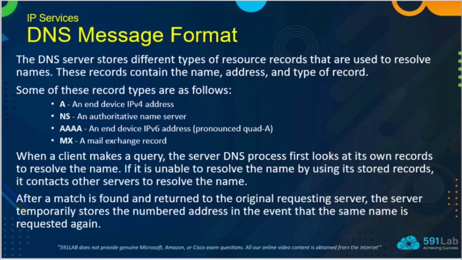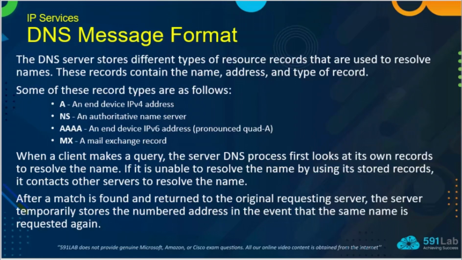So when a client makes a query, it is trying to resolve a name, because we cannot be memorizing IP addresses, so we are good with names. But our networks don't use those names, they use IP addresses. So whenever we put in a fully qualified domain name, the system will first do the name resolution from the DNS before sending your traffic to your destination.